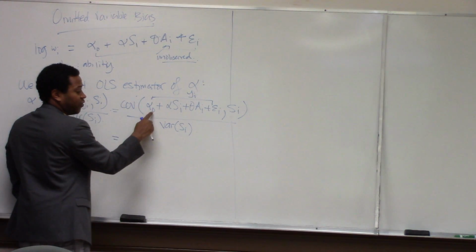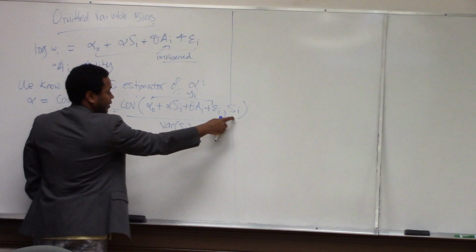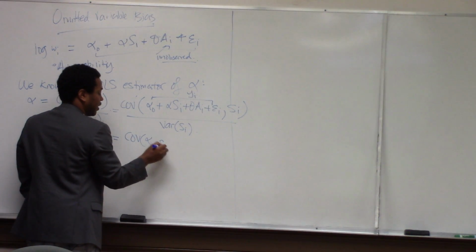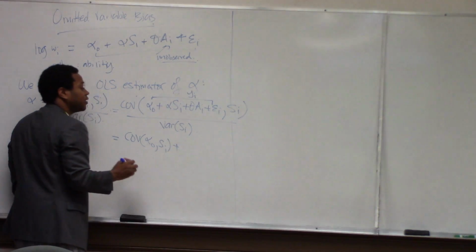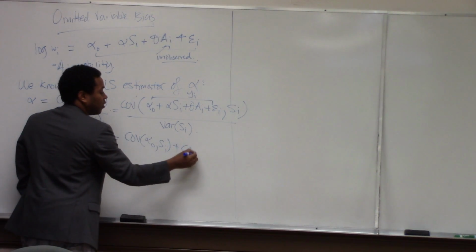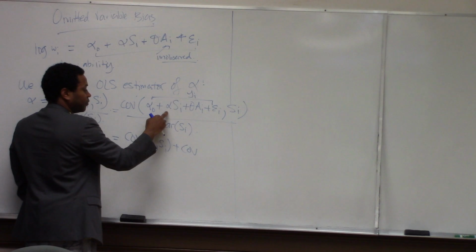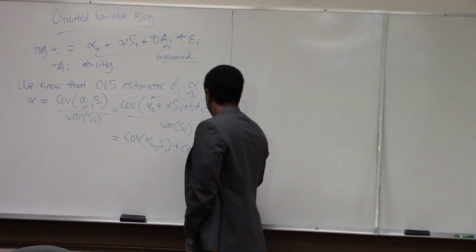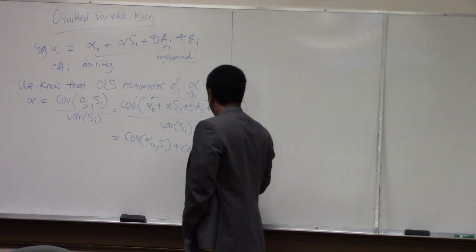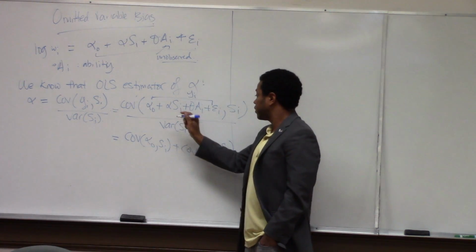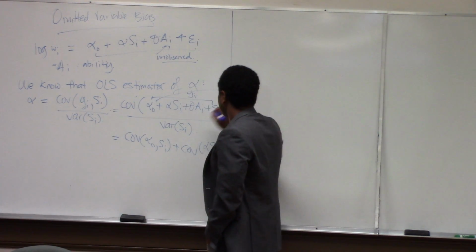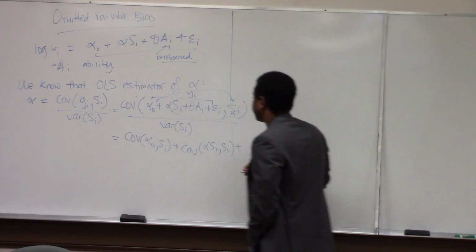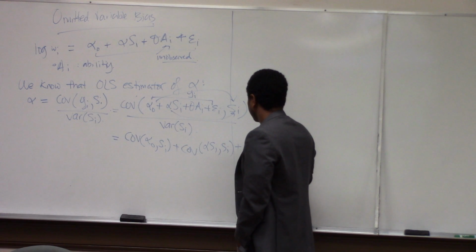The first term is the covariance of alpha 0 with s_i, plus the covariance of alpha s_i with s_i. Just take this term and compare it with s_i, and take this term and compare it with s_i.